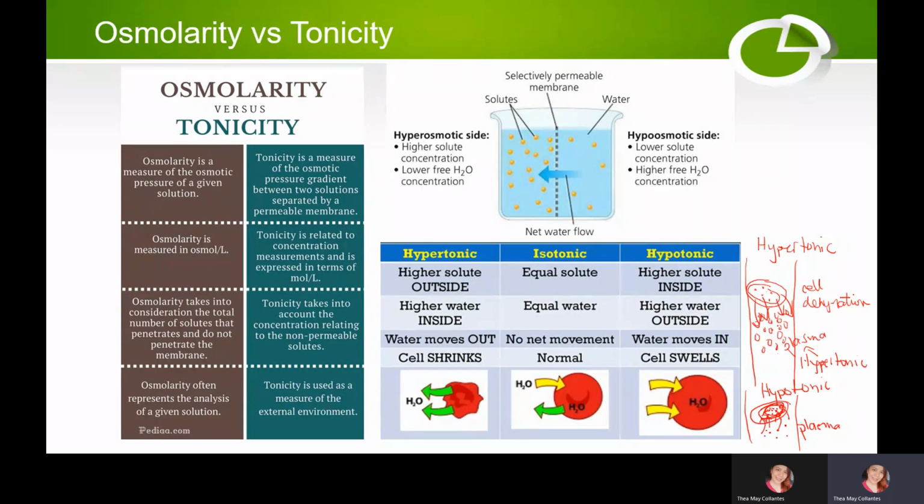Again, when we talk about osmolarity, this is just the number of solute, or the number of dissociated species, per liter of your solution. So how many osmol per liter are in your solution? When we talk about tonicity, you are just comparing the different solutions having different osmolarity or concentrations divided by your permeable membrane.